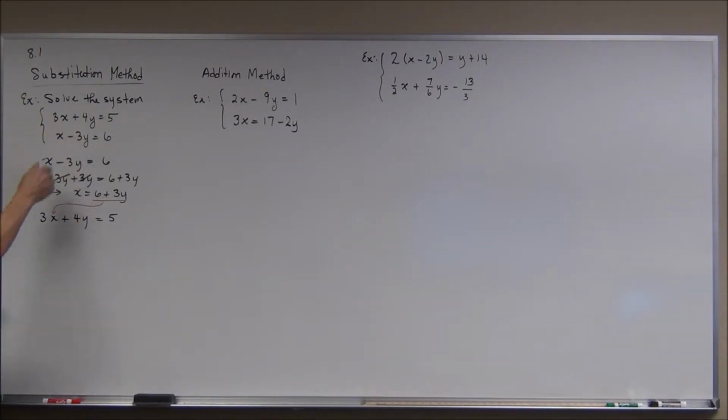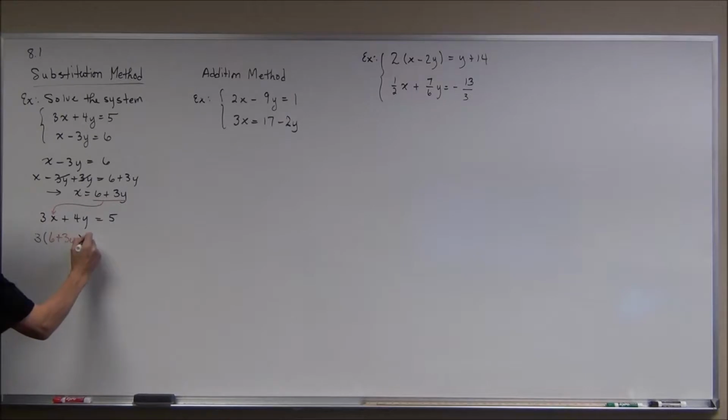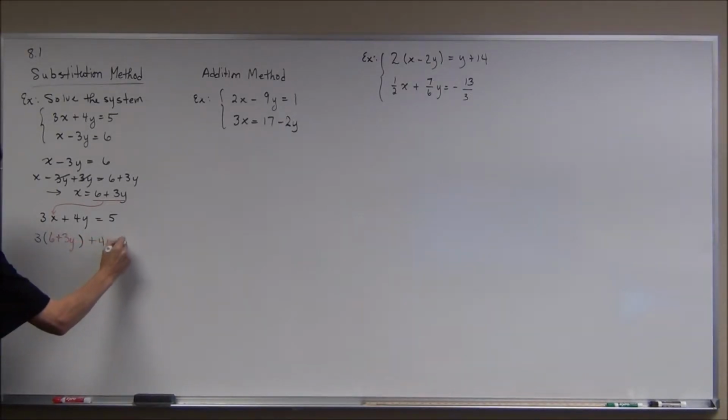Don't plug it back into the original, the one that you started with, because you're just going to get 0 equals 0. So if I make that substitution, in for the x, I'm going to replace the x with 6 plus 3y, and then I'm going to write the rest of it, plus 4y is equal to 5.